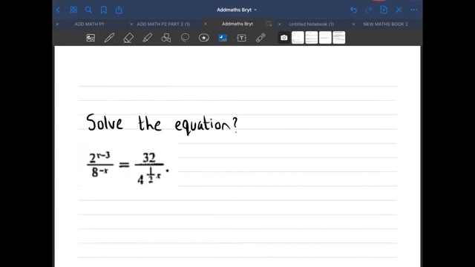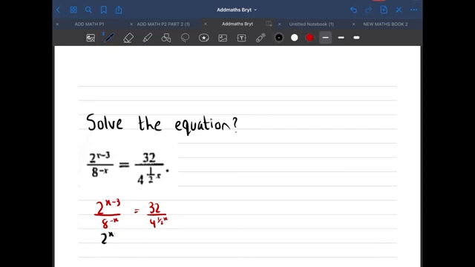So if I see this question, it's written 2 power x minus 3 upon 8 power minus x is equal to 32 into 4 power half x. First thing you need to see, can I convert this to same power?